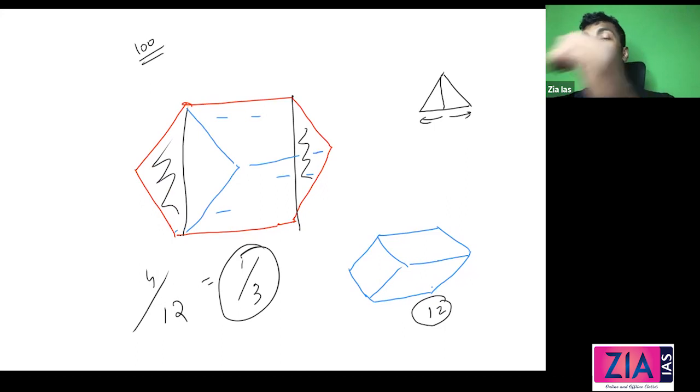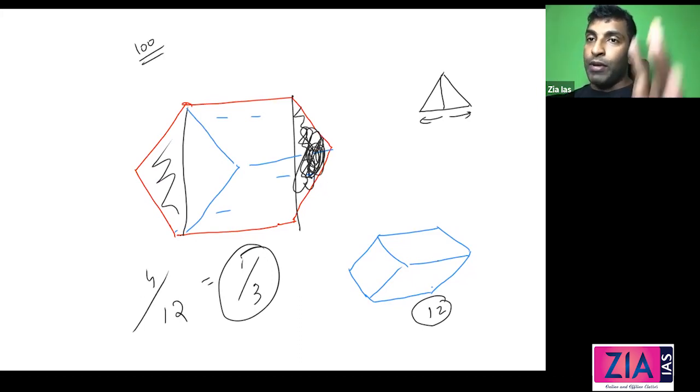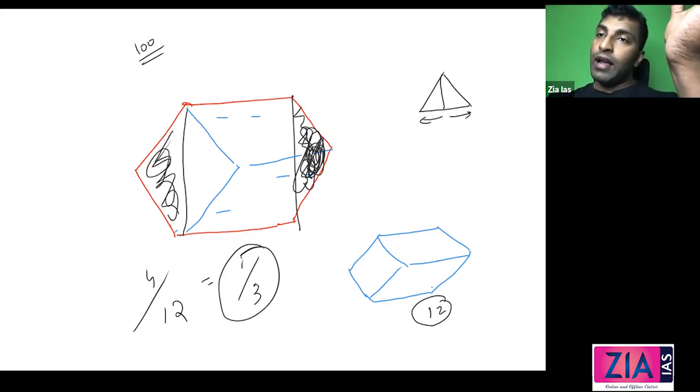Now, what you can't directly get the answer, but make some adjustment. Take this shaded portion, because this shaded portion and this shaded portion are both the same, which is also the same as this one. These two are equal, right? There's a diagonal. So what I can do is, this shaded one I can keep here.